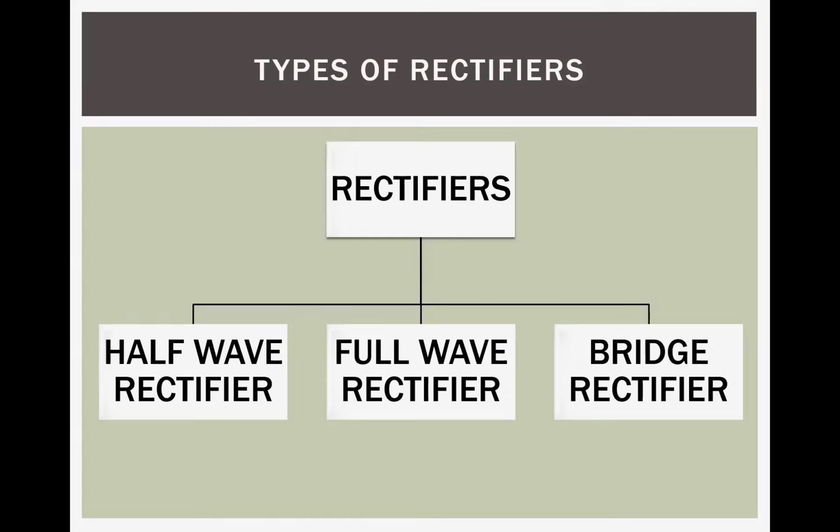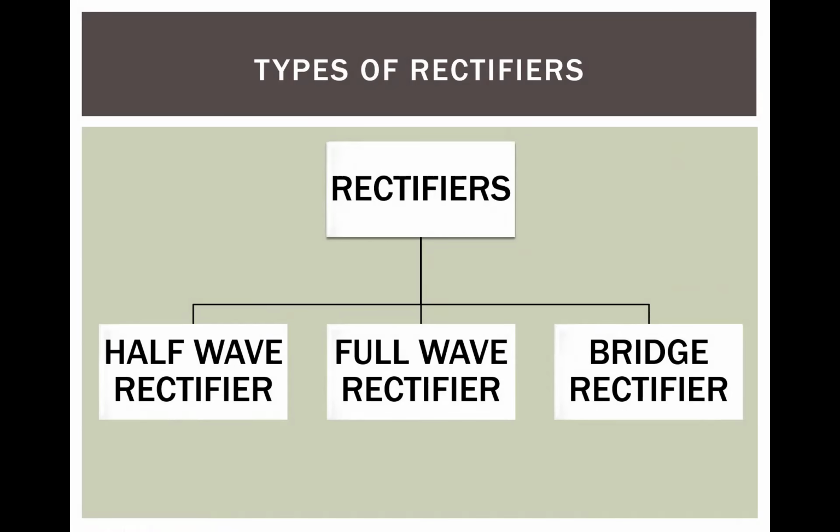Next, coming to the classification of rectifiers. Rectifiers are classified into three major types: first is the half wave, second is the full wave, and third is the bridge rectifier. By the name itself, we can understand that the half wave rectifier converts half of the wave at a time.